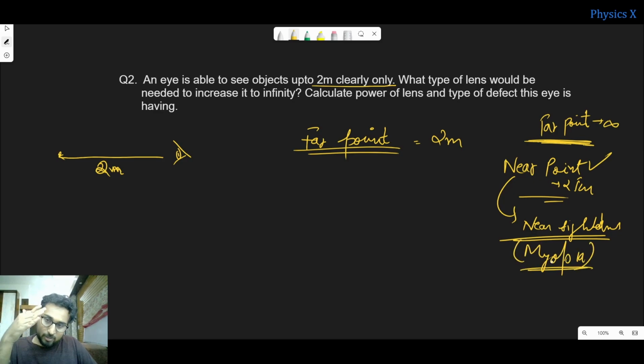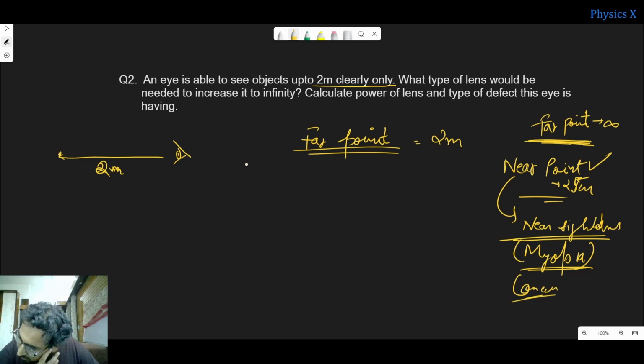The person is able to see nearby objects clearly, but far objects will appear blurry. So he is suffering from myopia, and the lens, we already know, is concave. So this we have already answered.